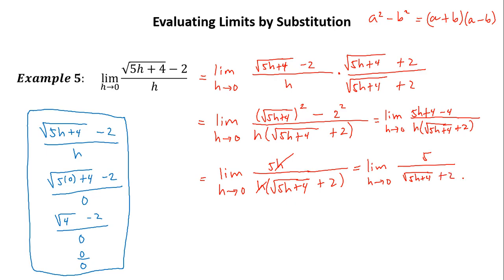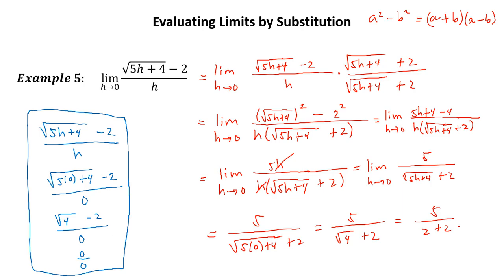Now we can substitute. If we substitute, we get 5 over the square root of 5 times 0 plus 4 plus 2. So we have 5 over the square root of 4 plus 2, and so we have 5 over 2 plus 2. The final answer now is 5 over 4. Alright?